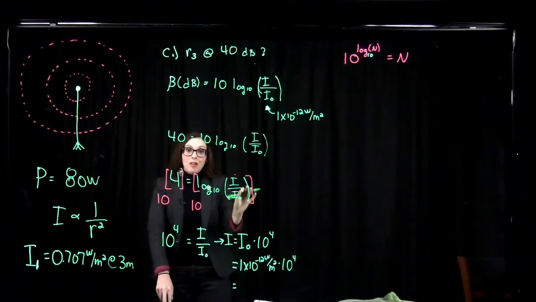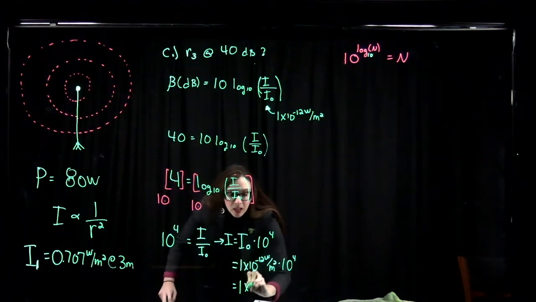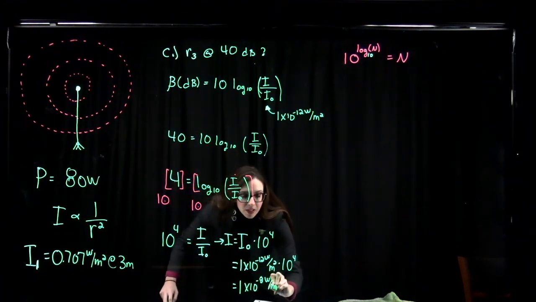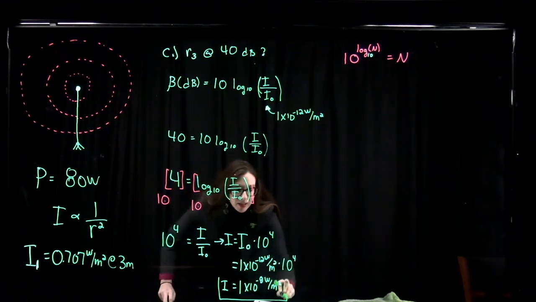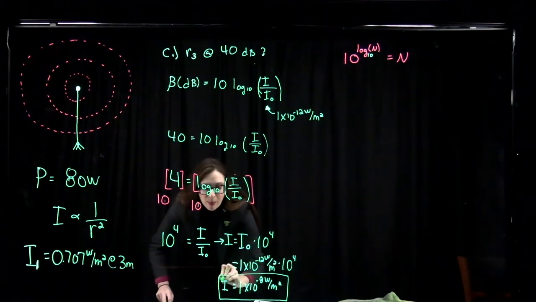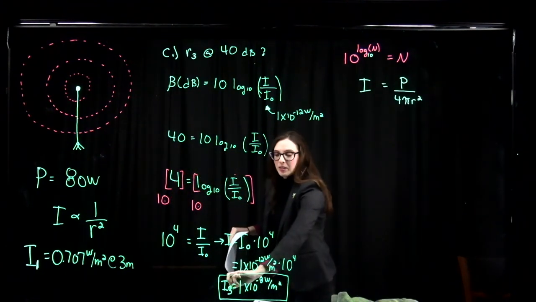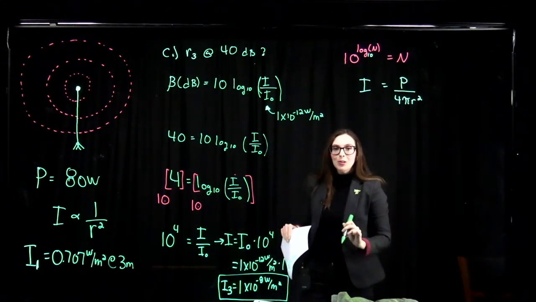So this tells me that 40 decibels is the same thing as 1 times 10 to the minus 8 watts per meter squared. I put a box around it, but we're not quite done yet. I've put a sub 3 here to help us distinguish it from the other intensities that we talked about in the previous parts of the problem.